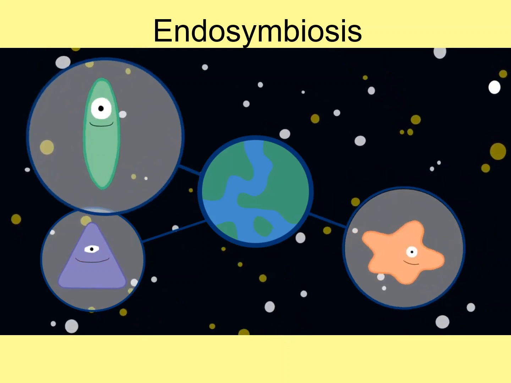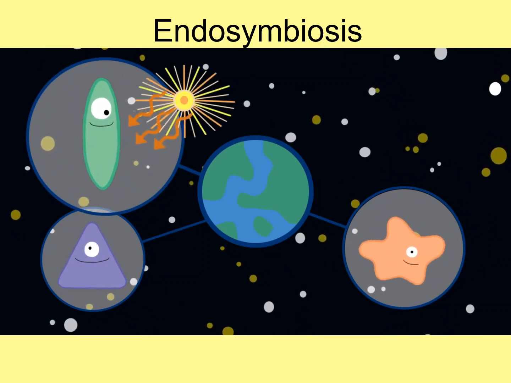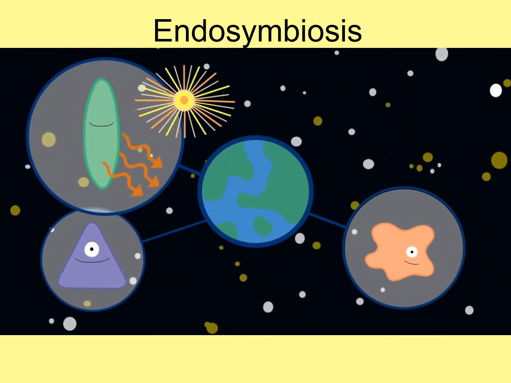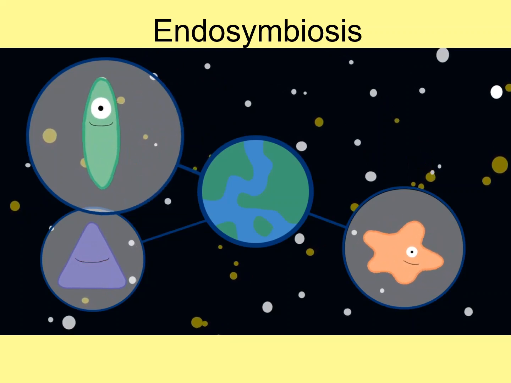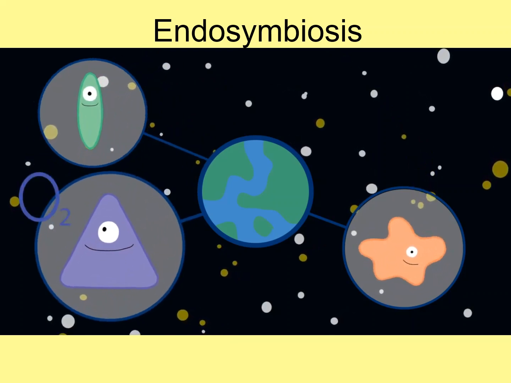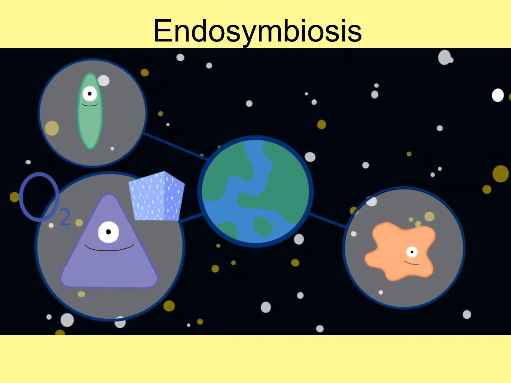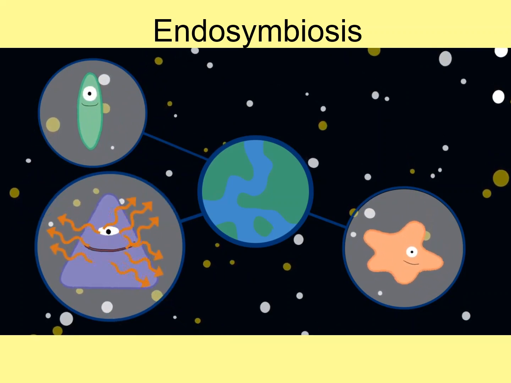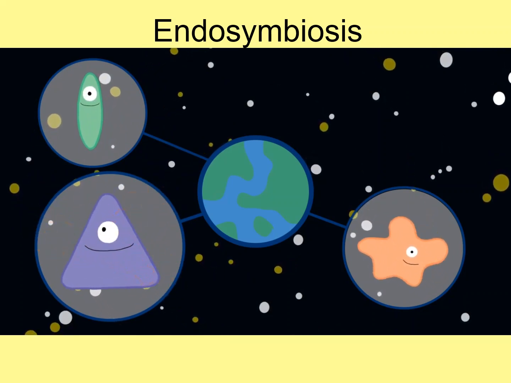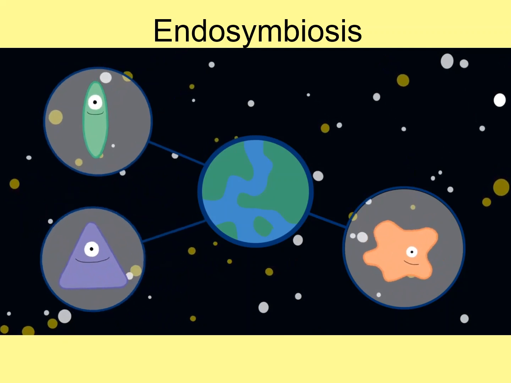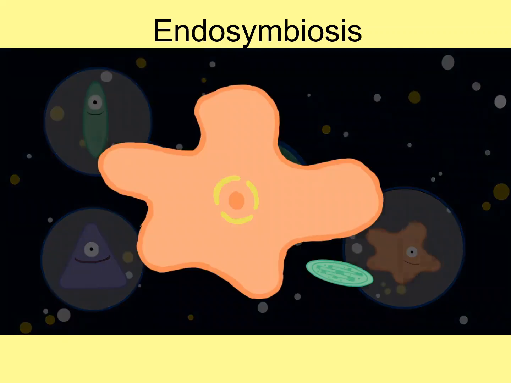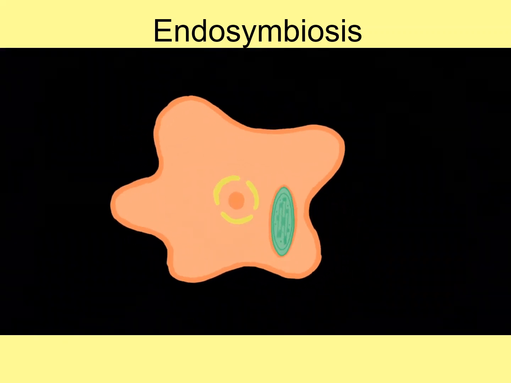Another was a bacterial cell that converted solar energy into sugar molecules through photosynthesis. A third used oxygen gas to break down materials like sugar and release its energy into a form useful for life activities. The blob cells would occasionally absorb the little photosynthetic bacteria.